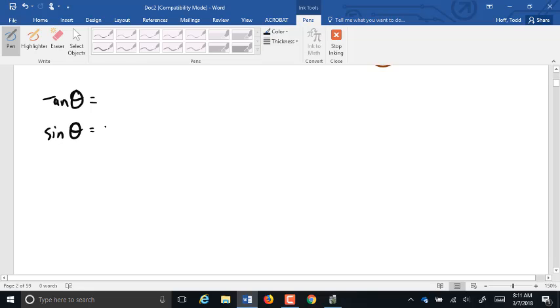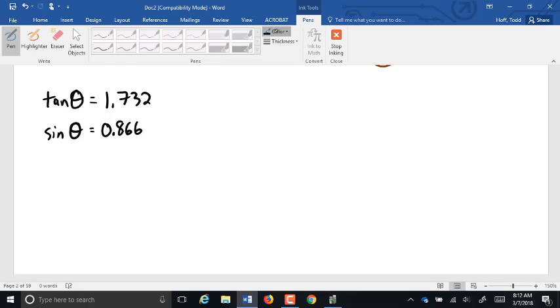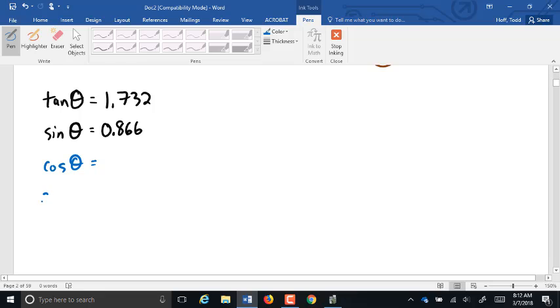If I tell you that sine of theta is 0.866, and tangent of theta is 1.732, can you find all those other functions?